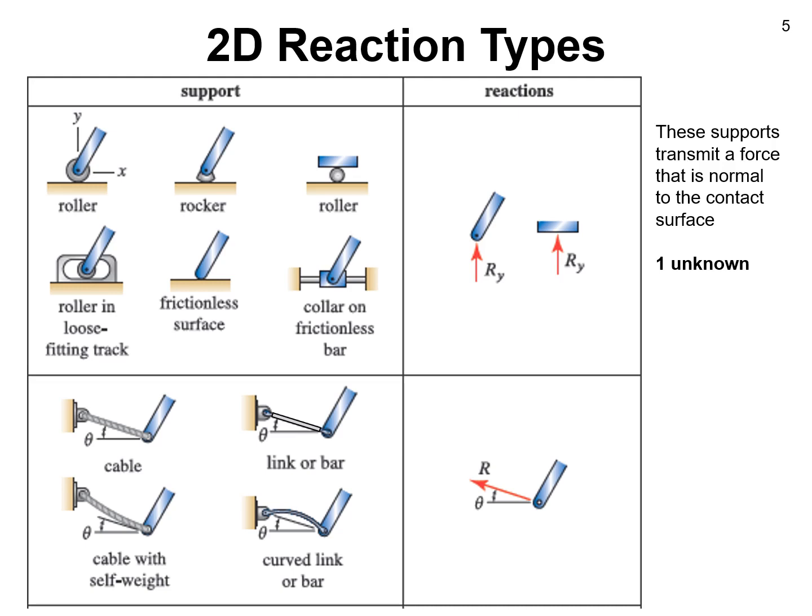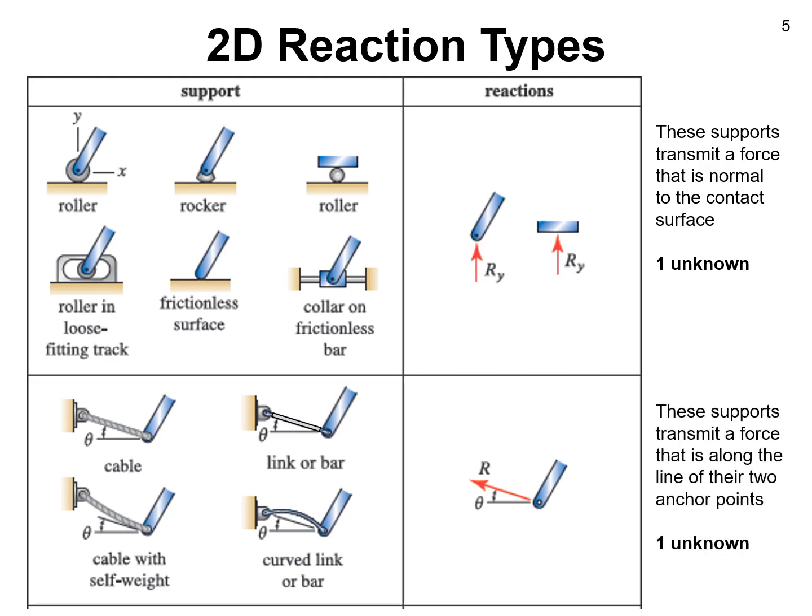However, these objects cannot prevent motion that might be perpendicular to their axes. So again, here we see that the assumption is that these objects exert a force either parallel to themselves or along their anchor line.